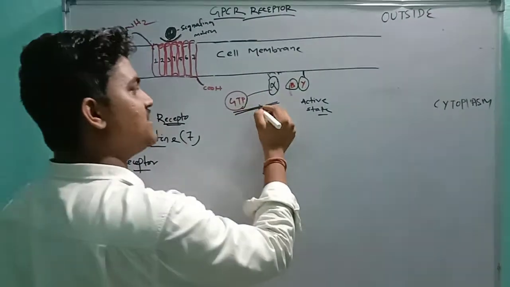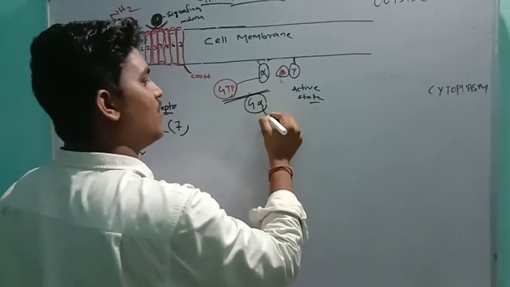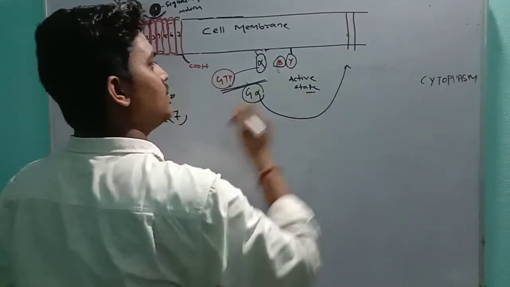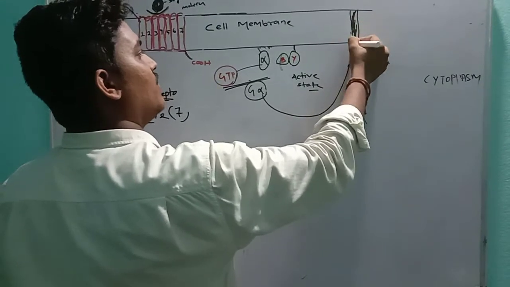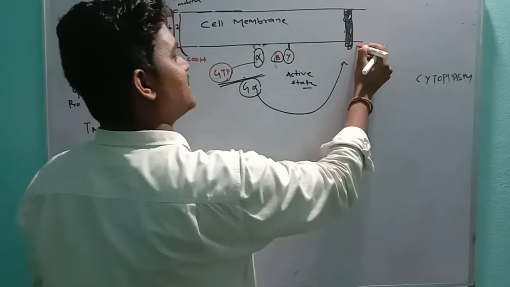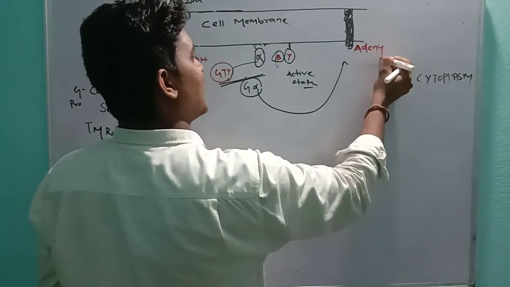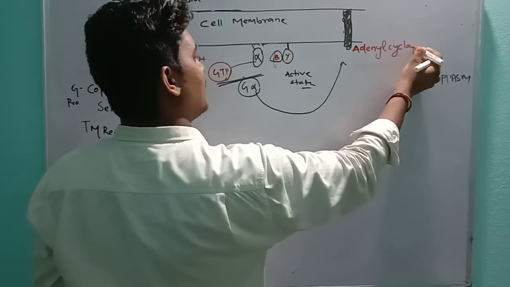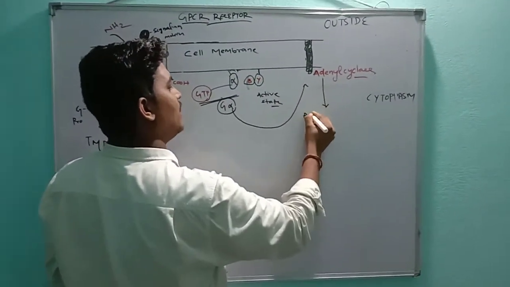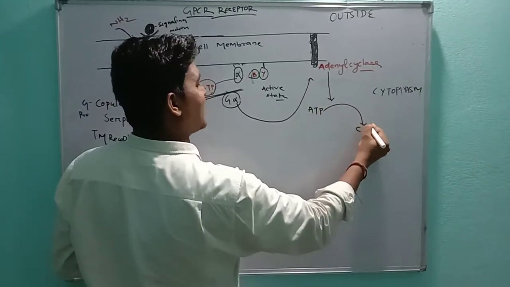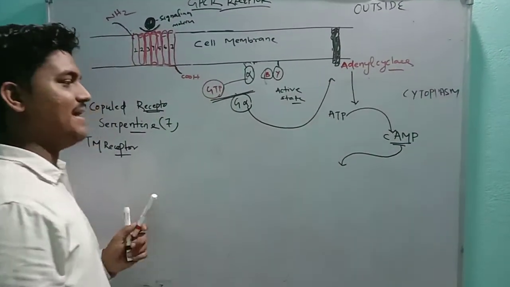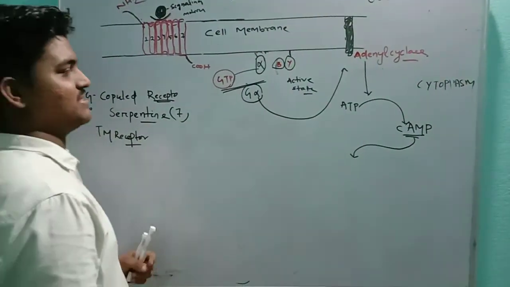This G alpha component now activates another membrane-bound enzyme present on the membrane, known as adenyl cyclase. This adenyl cyclase breaks down an ATP molecule into cyclic AMP, and cyclic AMP has a lot of activities inside the cells.